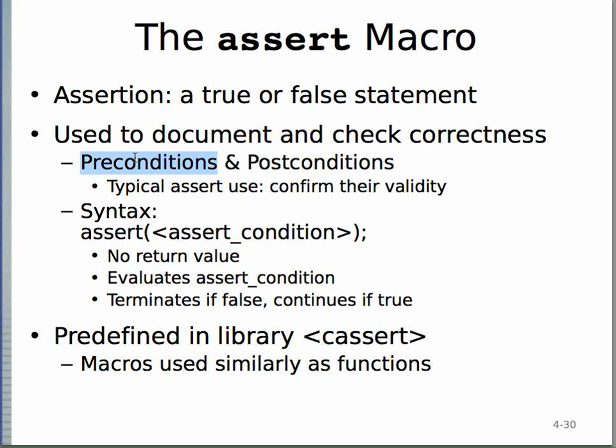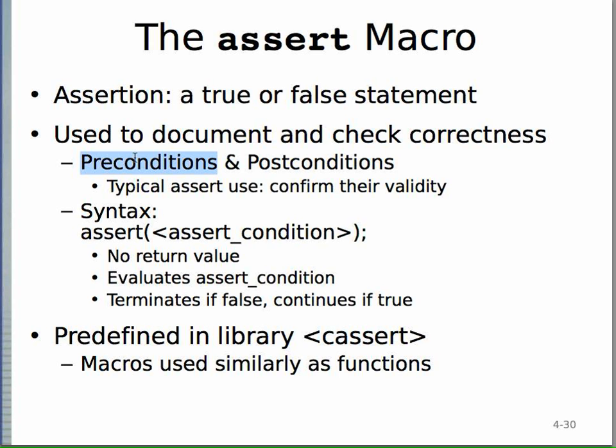Then the postcondition is that, assuming the preconditions are true, we guarantee that we will return something that, if you square it, you will get the same thing as the input, essentially.